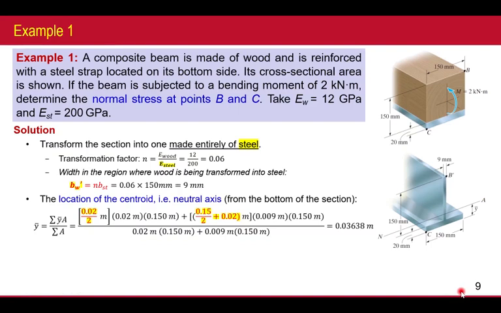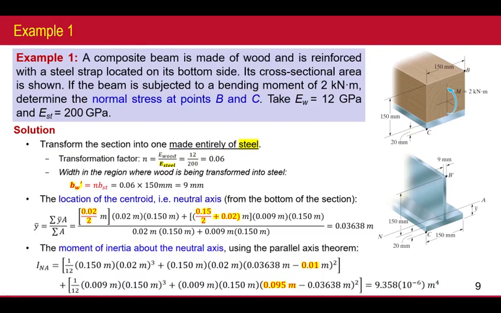Everyone clear? This is from lecture 6 and tutorial 6. Later on, we can work on the moment of inertia about the neutral axis. Remember, you must know how to use the parallel axis theorem. I will not repeat everything, otherwise we cannot do any work. I put a text here, highlighted, you can see from this.